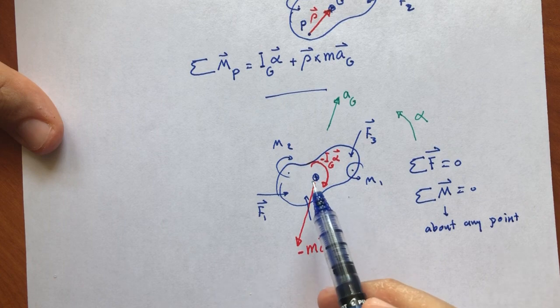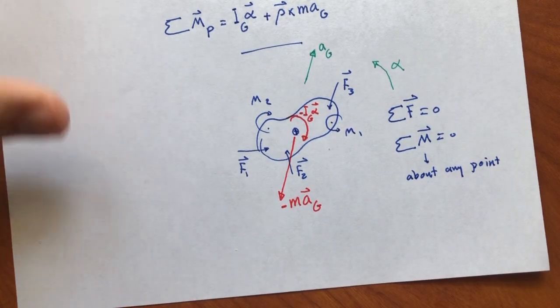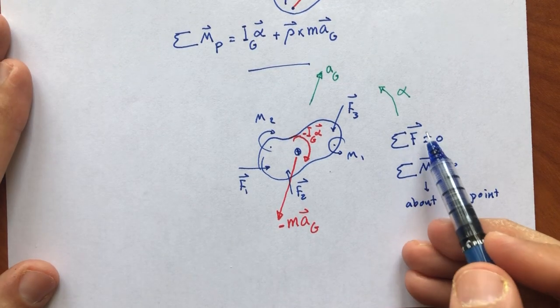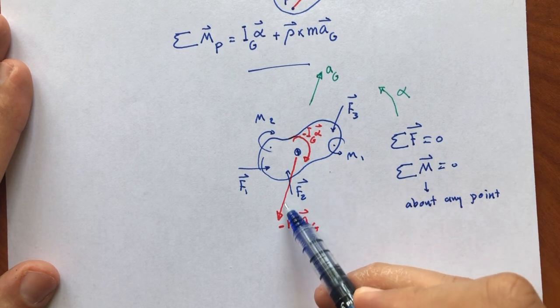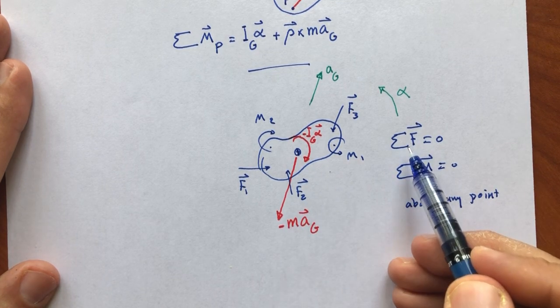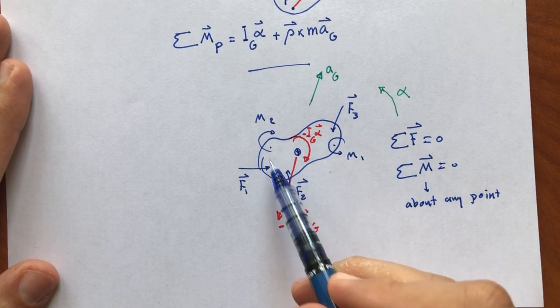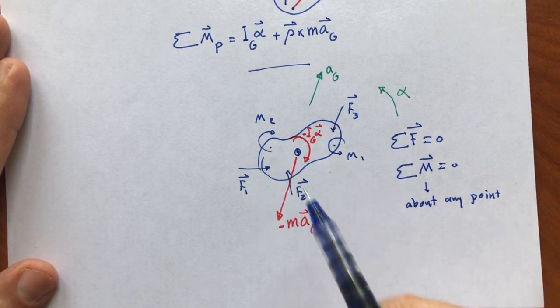You don't have to take the moment at the centroid. It's like a static problem, right? In statics, you can say sum of the moments about any point is equal to 0. We have the same here too. But when we are doing this, you need to consider this force as well among all the other forces, and also we need to consider this moment as well among all the other moments, moment of the forces or given moments.